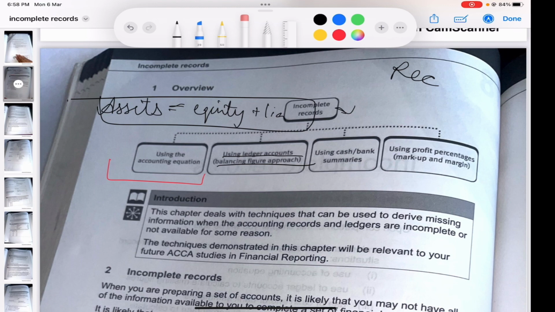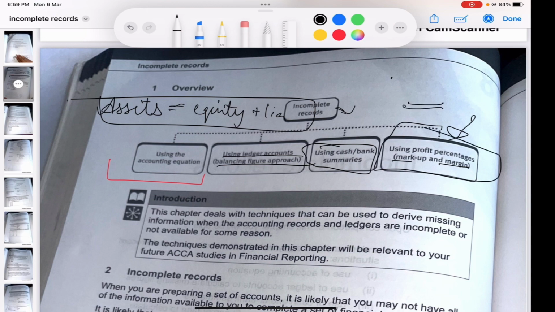So that is another way to find the balancing figure. Then using cash and bank summaries, which is what we've done with bank reconciliation. And using profit percentages, where we'll study what markup and margin are. This is the only new concept in this chapter. Everything else we have done before.